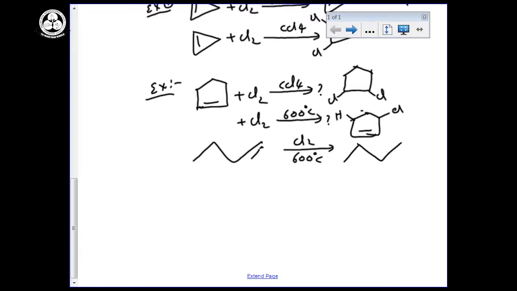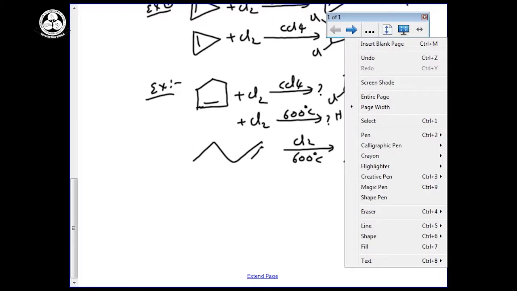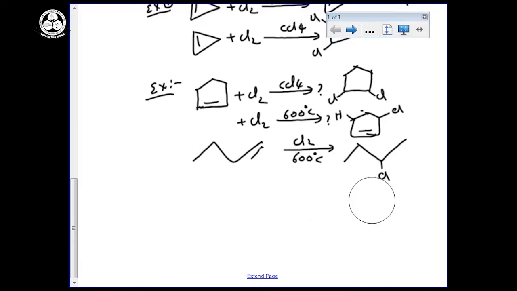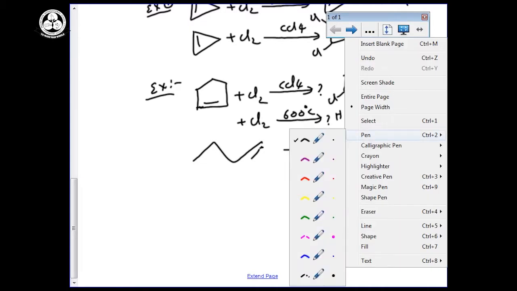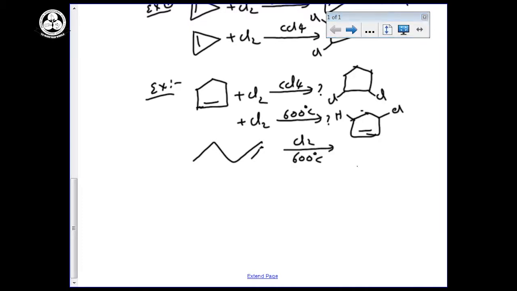Now the answer is, here there is the allylic group, double bond, next carbon, here there is a Cl, there you write the Cl bond. That is our major product.